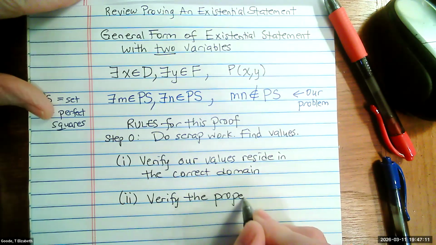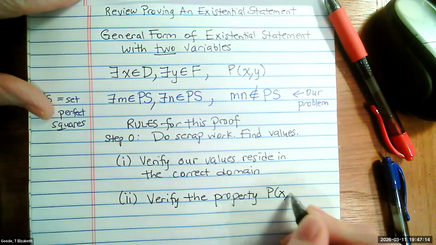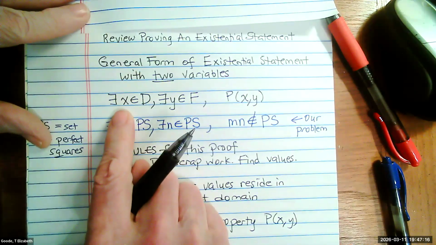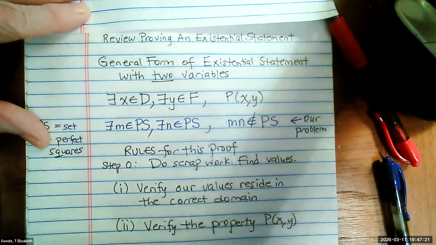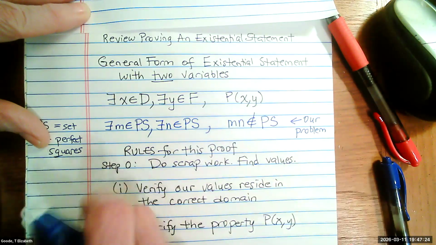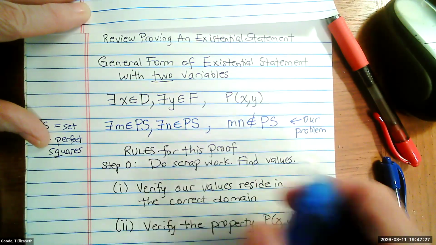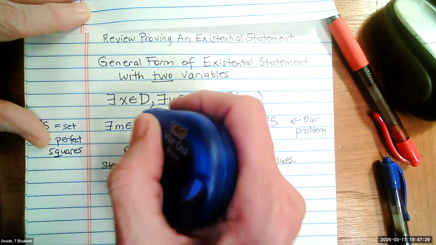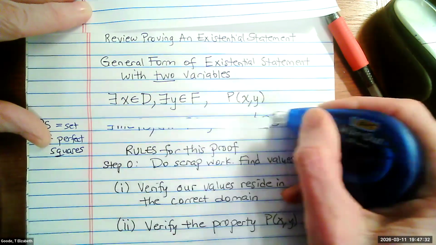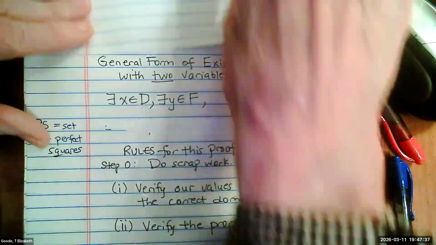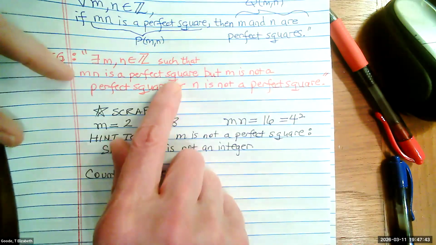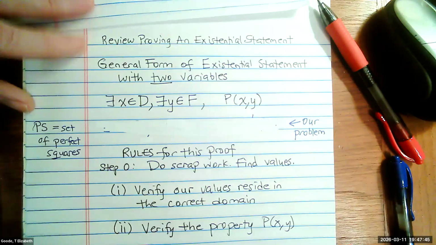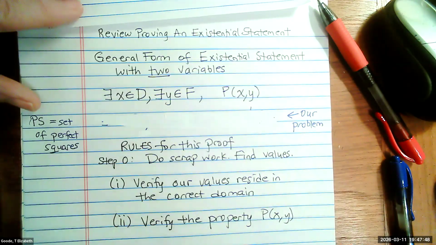But I think I wrote the property wrong here. This is wrong, I'm sorry. Let's look at the statement. It's that MN is a perfect square. So let's do this right.